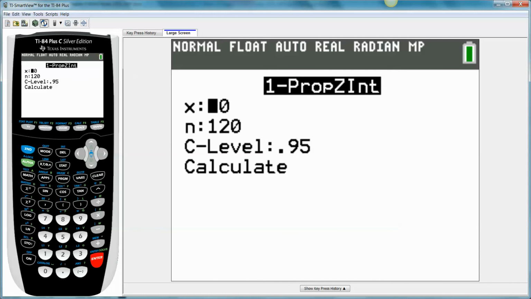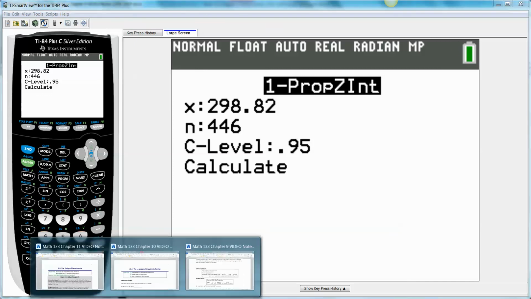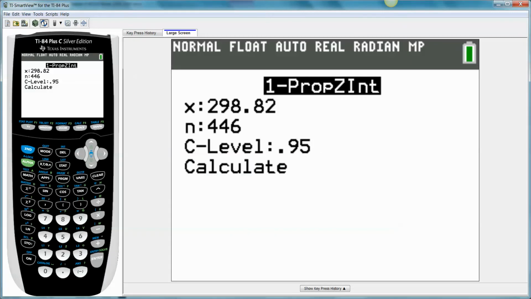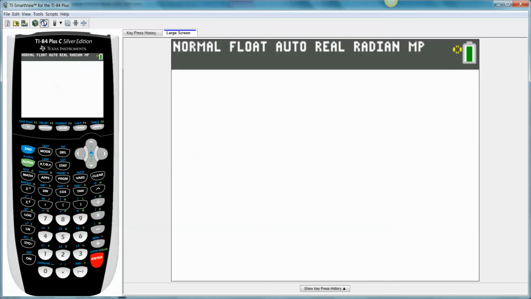All right, so I say 298.82, enter, and then this was 446, enter, and I wanted, I think, a 95%. Let me double check that. Nope, 94%. 94% confidence interval was this one. So 0.94.